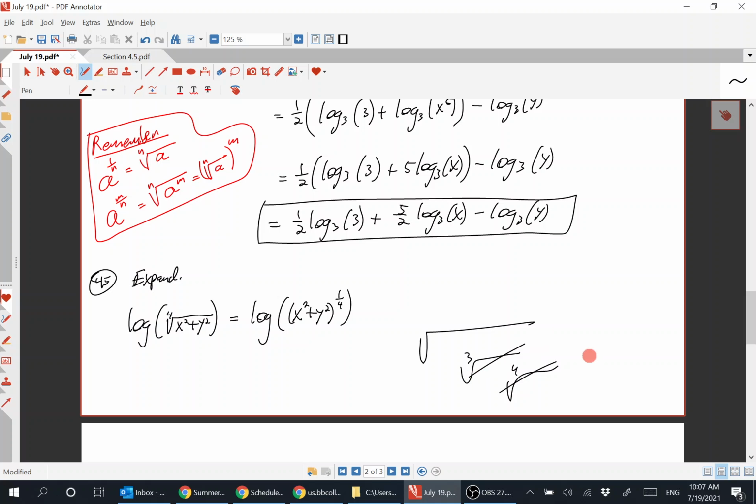Normally, when you have the fourth root of x, people will just write x to the 1/4. Okay, this is the more common notation. But anyway, not that it's never used, sometimes it is. Like right here, we just used it. So this becomes a 1/4 exponent, and then the exponent comes out front.